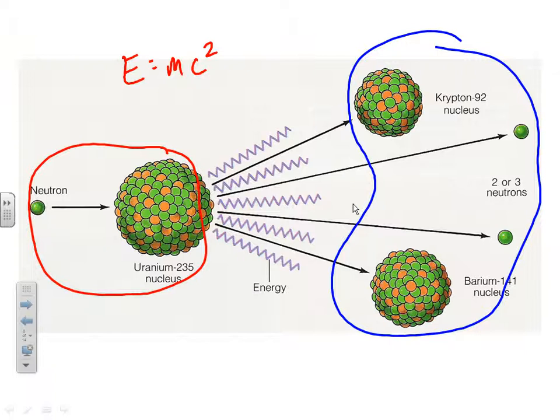But something that scientists realized about this fission reaction is that these two or three neutrons, depending on how it works, because it doesn't always work the same way every time, these two or three neutrons that come out of that reaction actually end up being important.